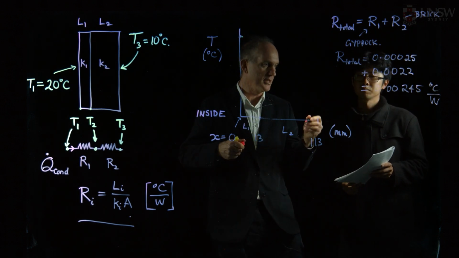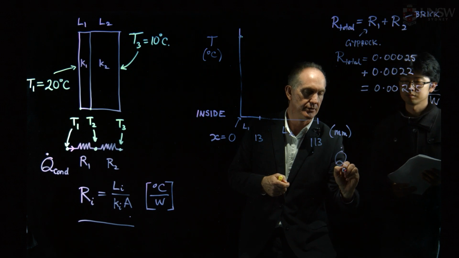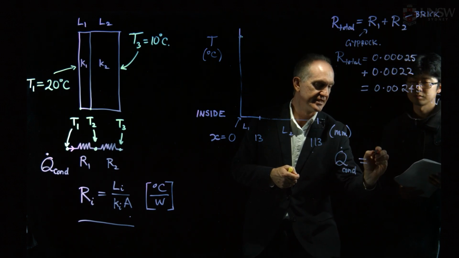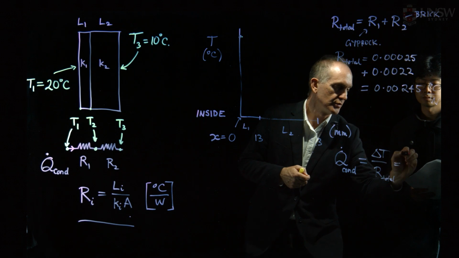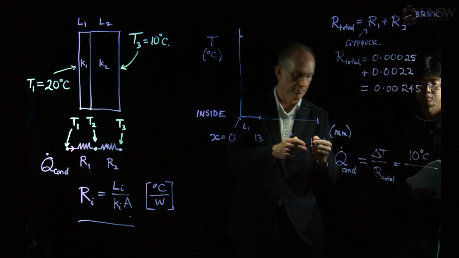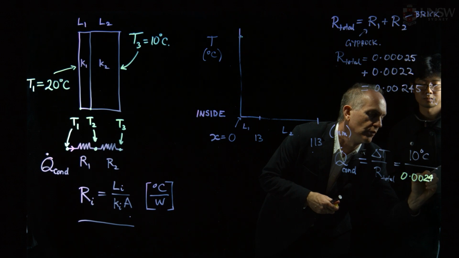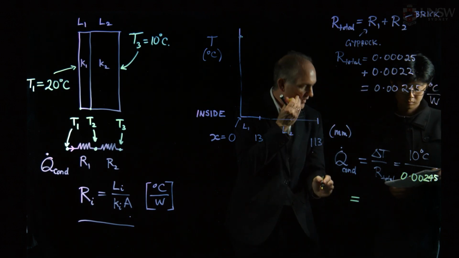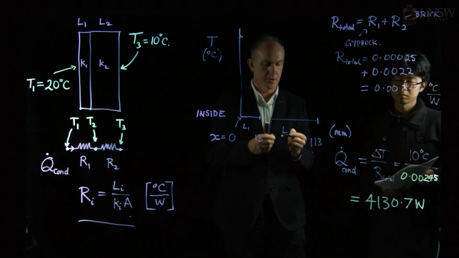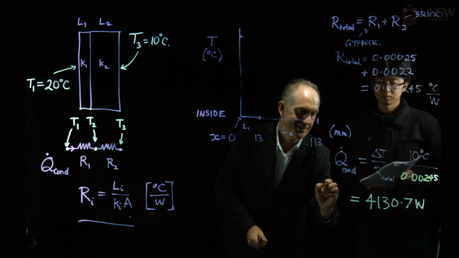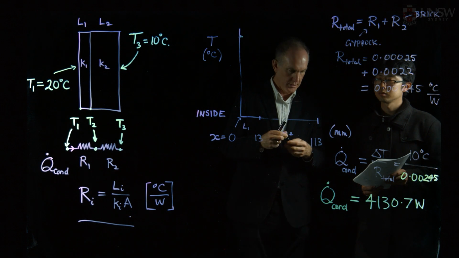All right, going back now, we need to calculate with this new situation what's the rate at which heat will be conducted through these two layers: delta T on top of R total, using delta T here, which we know is 10 degrees Celsius, divided by 0.00245, and that gives us now a value of... considerably more heat being conducted through a wall with no insulation, just the gyprock, just the brick.